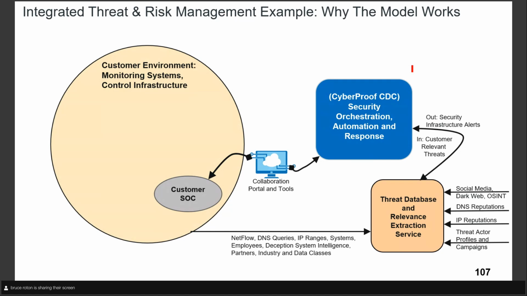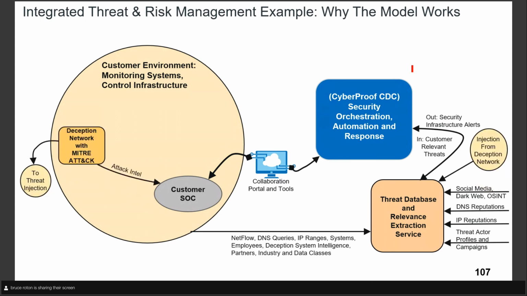We talked about the value of threat intel, pulling in social media, dark web, open source intel, DNS reputations, IP, threat actor campaigns, and feed that the net flow, DNS queries, IP ranges, employee information, deception systems, partners, industry, and data classes. If they have partners, if the partners attack, that could be the way in the door. Think supply chain attacks, very common these days.